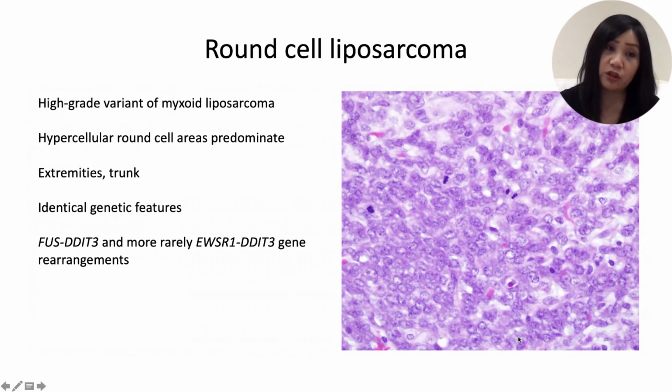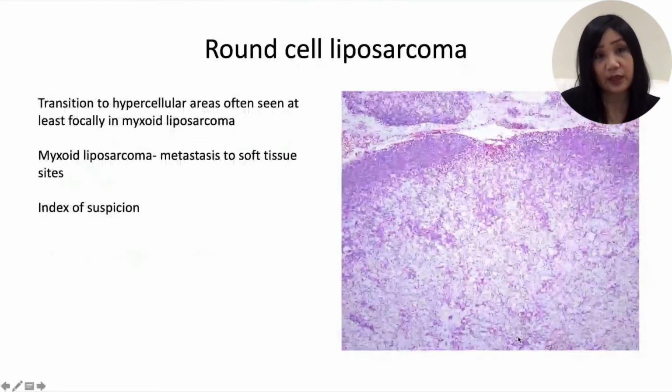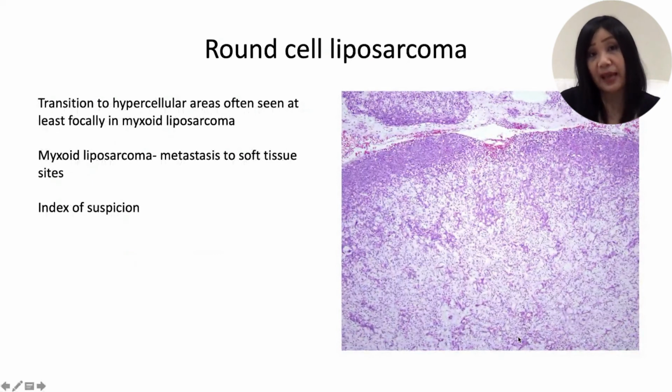Myxoid liposarcoma chiefly occurs in the deep soft tissues of the extremities or trunk and is associated with DDIT3 fusing to FUS or EWSR1. In myxoid liposarcoma, we often see transition to more hypercellular areas. The main thing for us is to know that round cell liposarcoma exists and is rare, and look for typical areas of myxoid liposarcoma, at least focally.